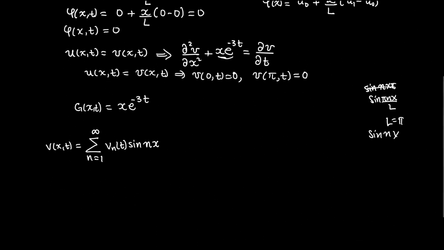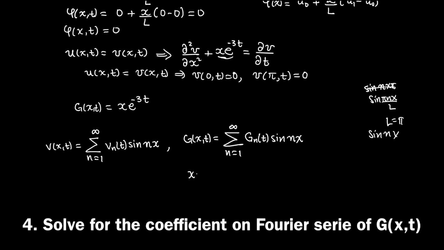Also I'm gonna force this function g(x,t) to be some Fourier series function. I don't know v(x,t), so I don't do anything, but I know g(x,t), so that means g is equal to the summation of n equal to 1 to infinity of some function g_n(t) sine of nx.